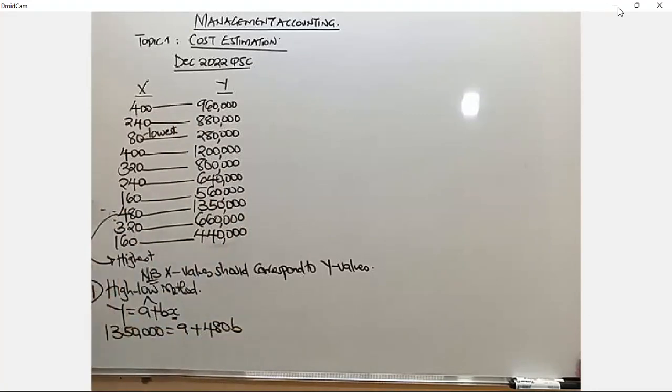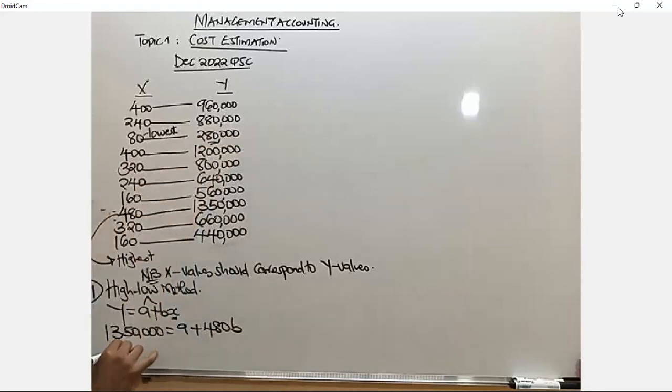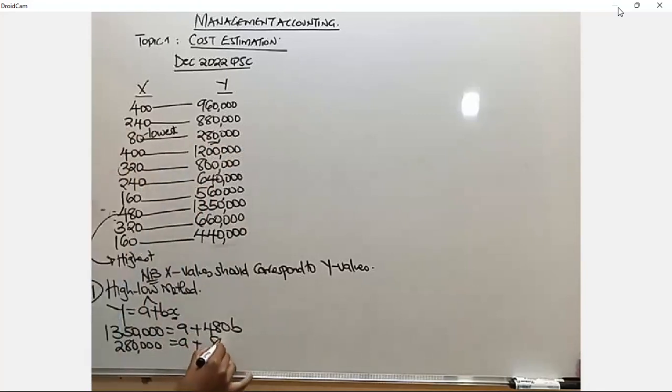Then the second equation: the least for y is 280,000, which should be equal to A plus the least value of x on the other side, which is 80B. What am I going to be doing here?